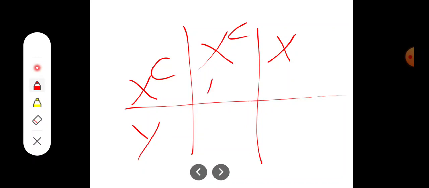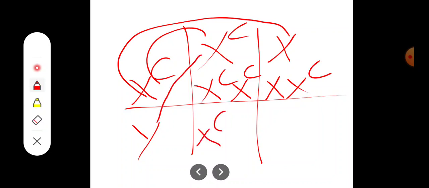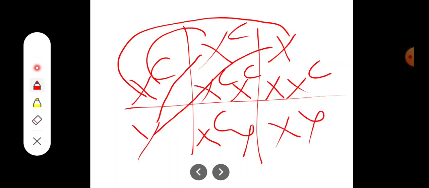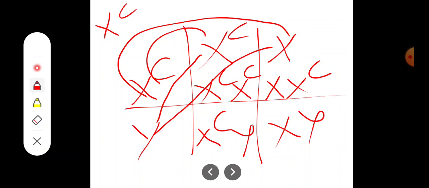It should be XC, XC, these two, and then X, XC, and then Y and XCY, and Y and X. So it should be X and Y. So here from this Punnett square, if the parental generation has a genotype of XC, X and XY, then the offsprings will be of these particular combinations.